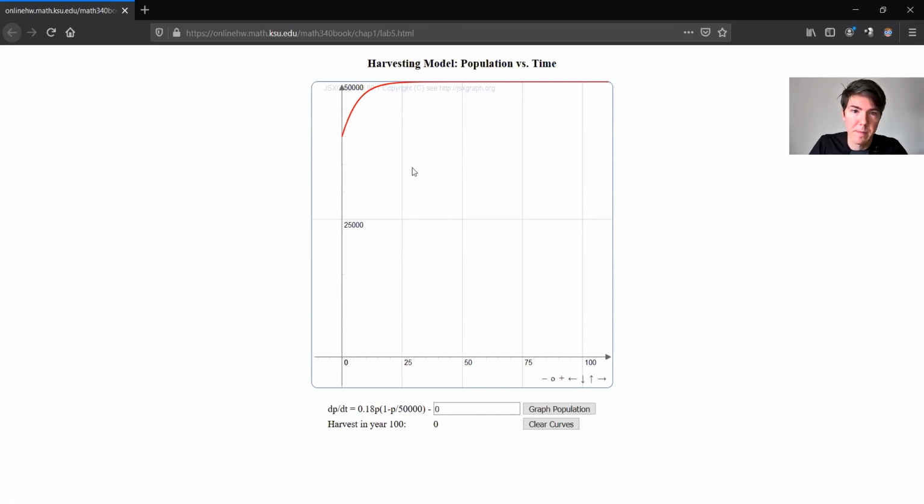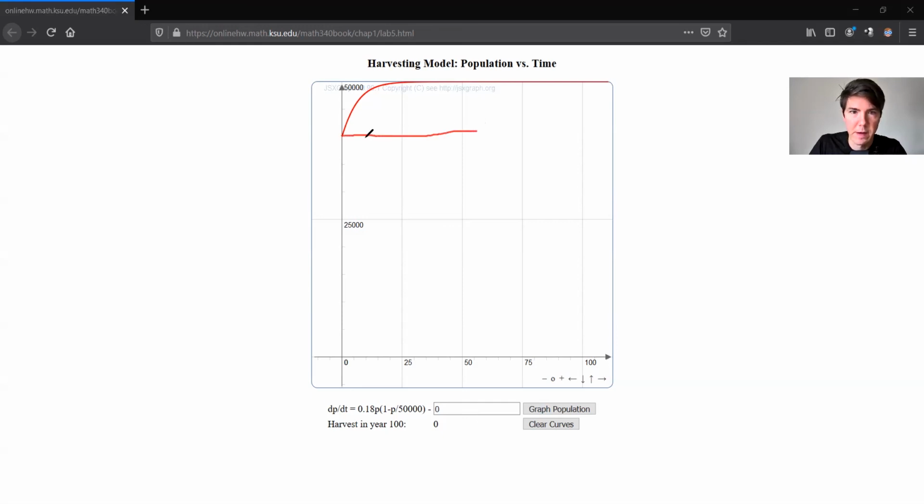Okay. So the first thing that we want to find out with this model is the stable equilibrium. Let me get the annotation. We would like to find some constant harvesting value so that what we would get would be something like this.